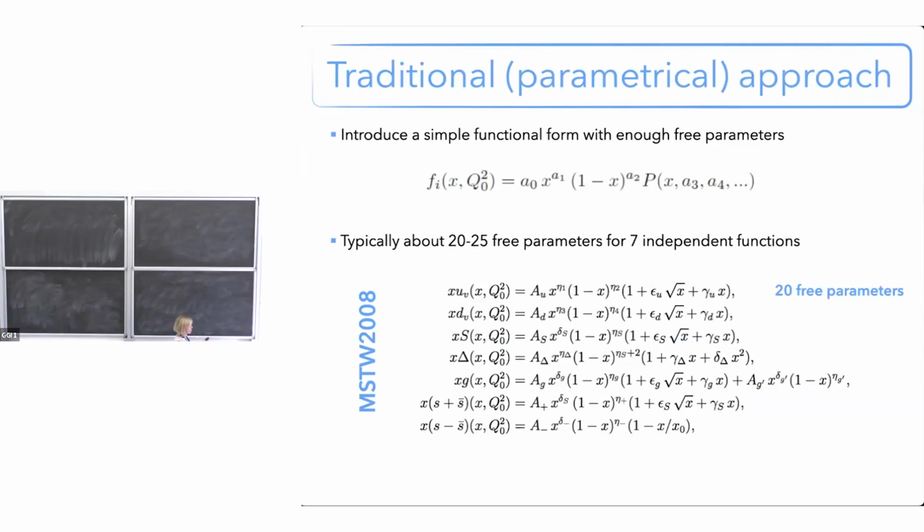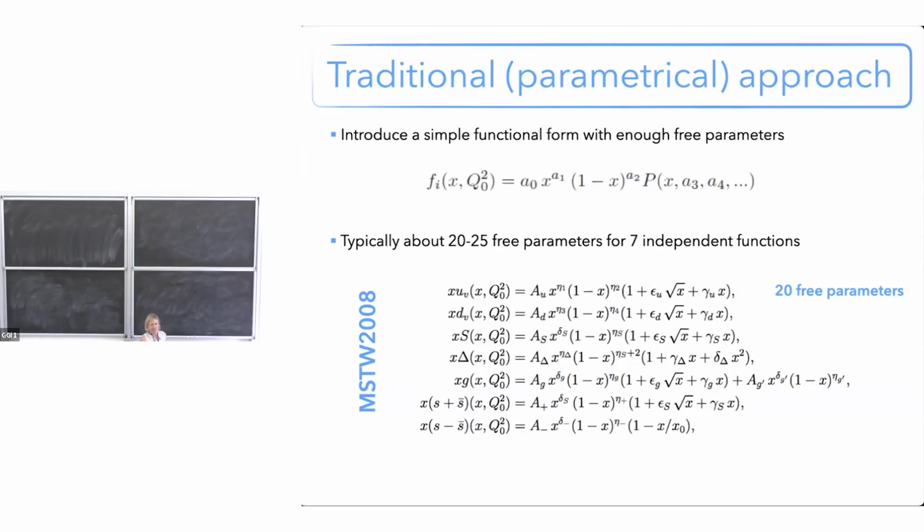I'm just taking one example of the polynomial basis, MSTW 2008. As you can see here, you have some normalization constant. You always have x to some exponent because of the Regge behavior at small x, that we do have some idea on how the PDF behave when you're at small x, the old Regge theories.